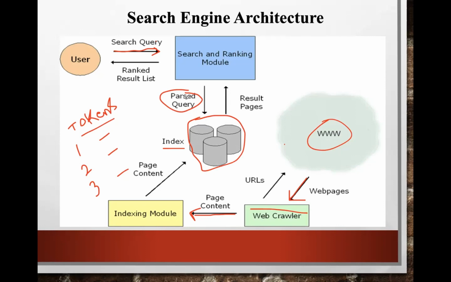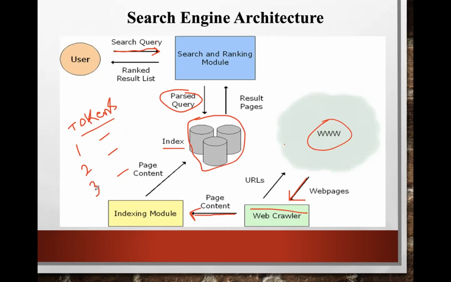Using a ranking algorithm, the search engine ranks the documents. There are multiple documents associated with the keywords, and ranking is provided to these documents based on relevance. Finally, the generated list is presented to the user with the most relevant results on top.